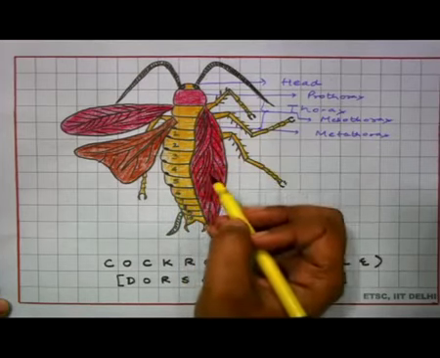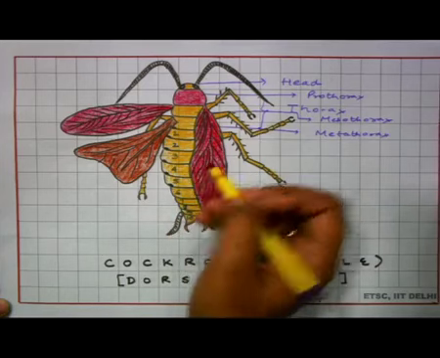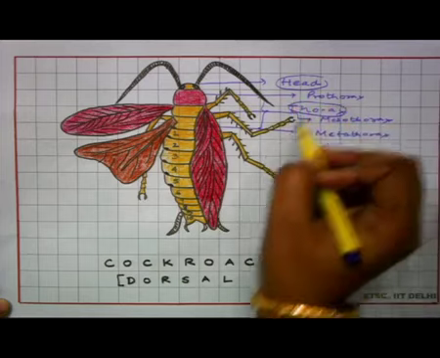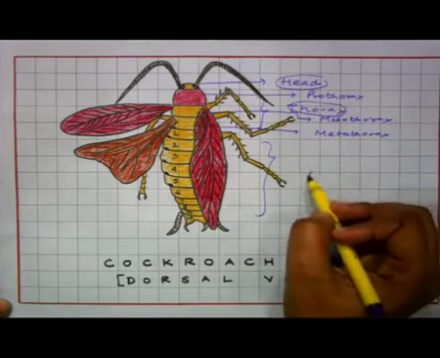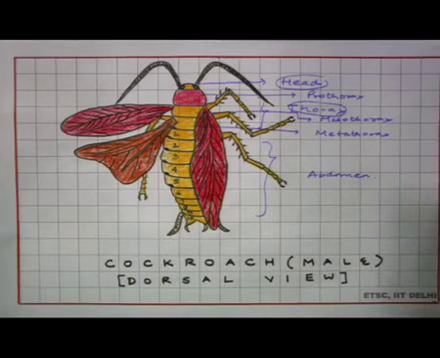So, the body can be divided into 3 main parts, the head, thorax, and the rest is abdomen. We will learn more about this in our further discussion.